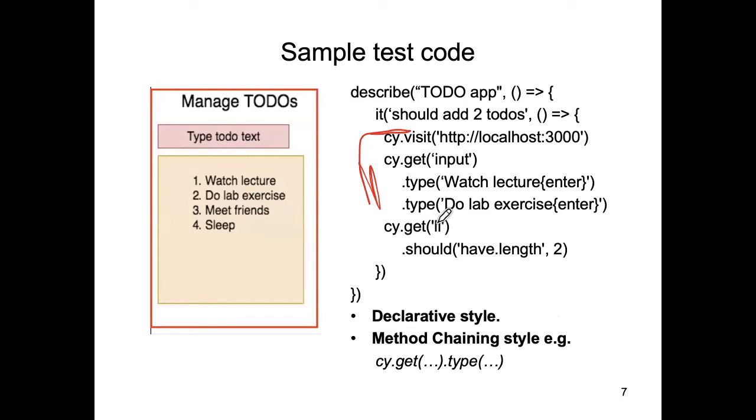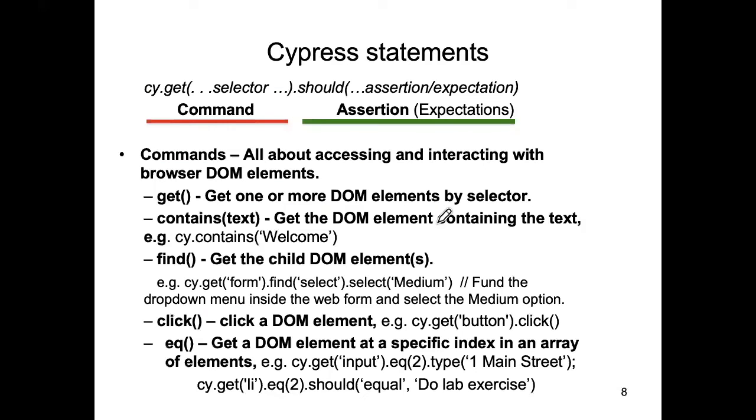In that case, it returned an array. So it could be either or. The contains command, you could use that if you're looking for an element that has a particular piece of text within it. So that's pretty straightforward.